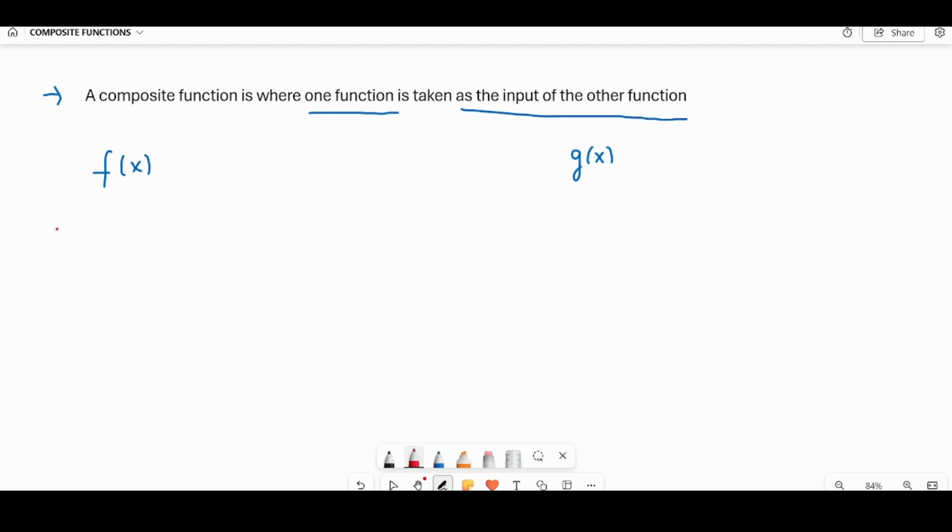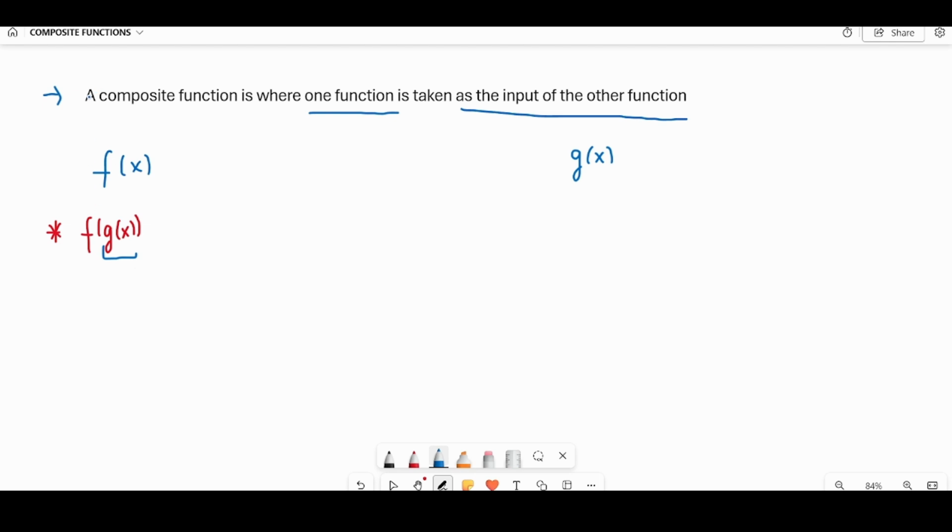Now the very first composite function that we can form here is f of g of x. Now you know that whatever is written inside the parenthesis, that always acts as your input. So you can see here that g of x is going to be the input of the function f.